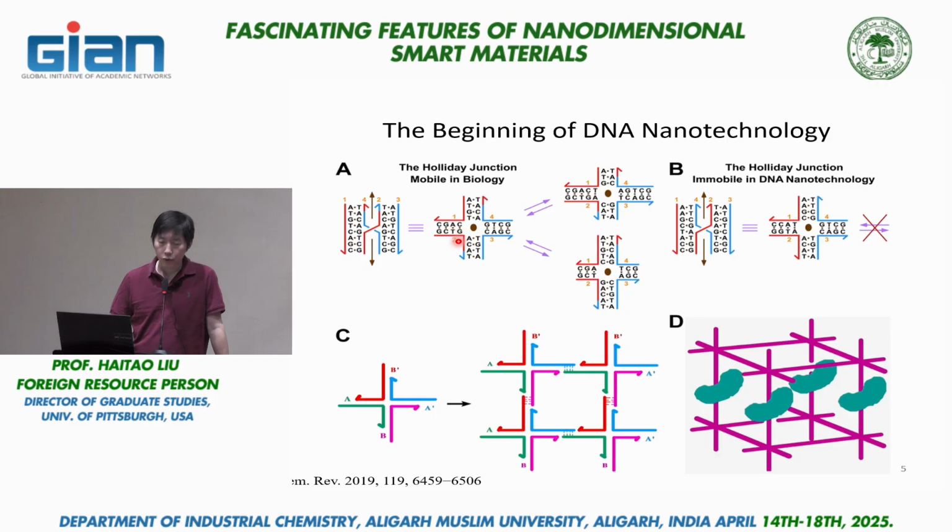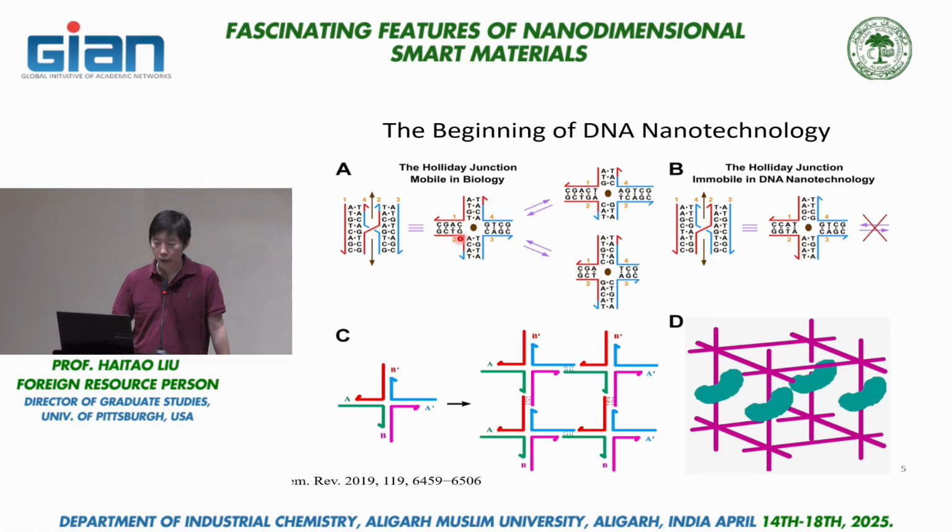Essentially, four strands of DNA come together. Look at the structure here, the schematic. You have 4 DNA strands, and each DNA strand can be broken into 2 segments. And each segment is recognized by another segment of another DNA strand.